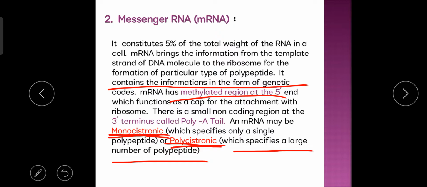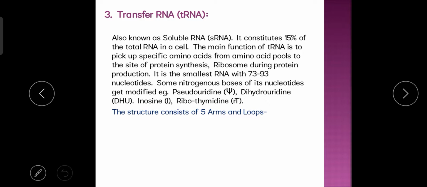Mono means one. And when a large number of polypeptides are formed from the messenger RNA strand, then that type of messenger RNA is called polycistronic. Poly means many. So now move to the next slide, the transfer RNA. What is the function of transfer RNA?